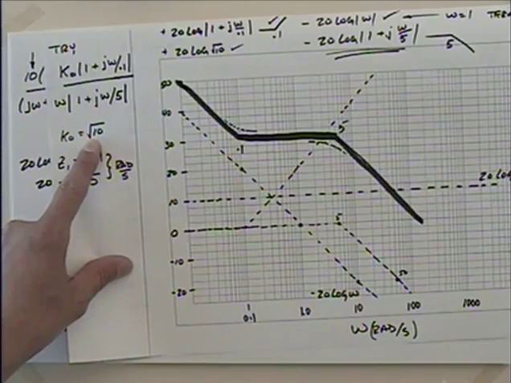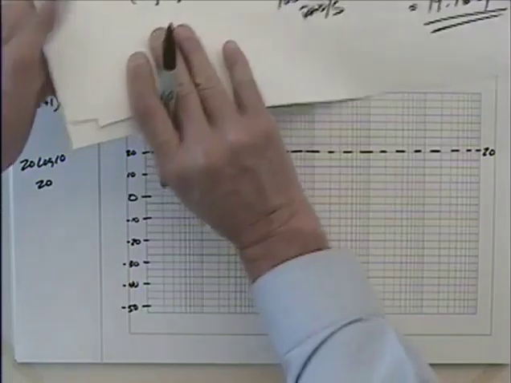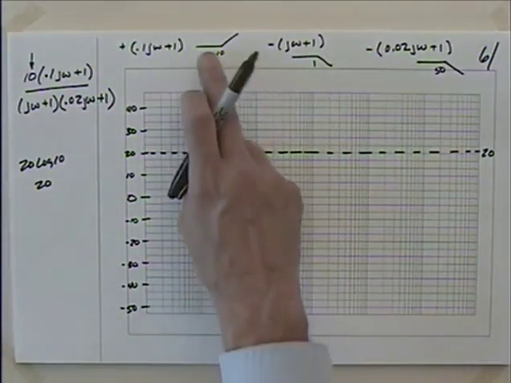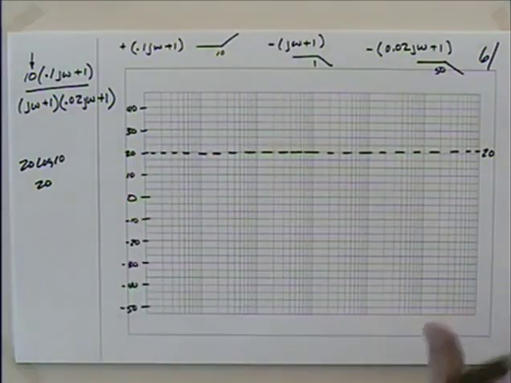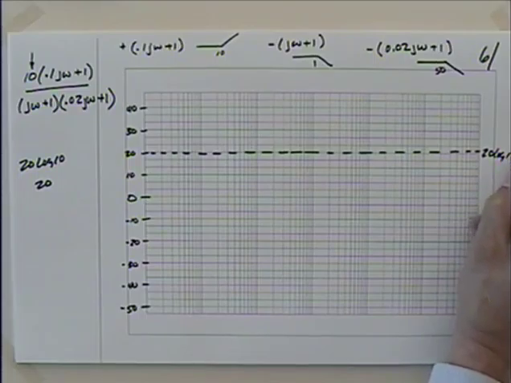Half of 20 gave me 10. Yeah, we could start with any of them. We're going to have to add them up. I guess I thought maybe it was the easiest, but let's see. We got 20 log 10.